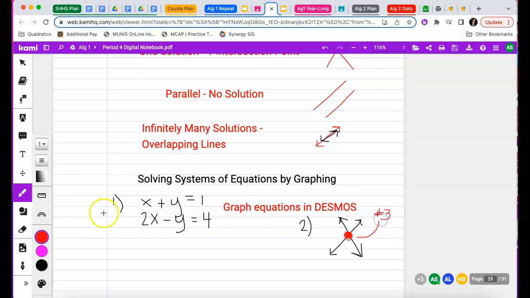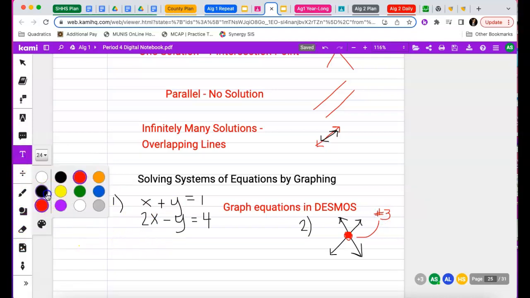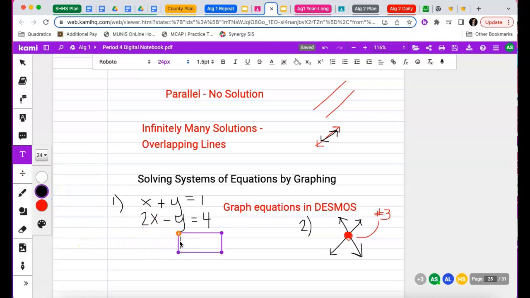So step 3, find intersection point. I found the intersection point. So now step 4, write your answer as an ordered pair.